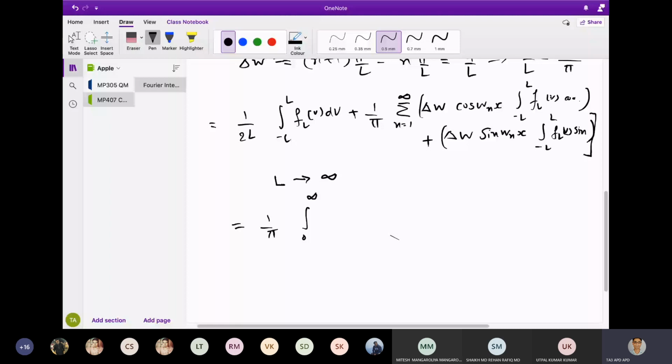Let us say that it is something called A as a function of w, and your cosine term, cos(wn x) delta w, so that will be dw, and plus you will have again this whole term, which I'm writing as some coefficient B as a function of w, into sin(wn x) dw.